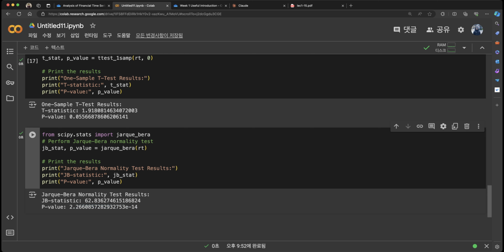Since under normality such a rare event occurs, we cannot believe this is from a normal distribution. So we reject the null hypothesis that it is normally distributed.